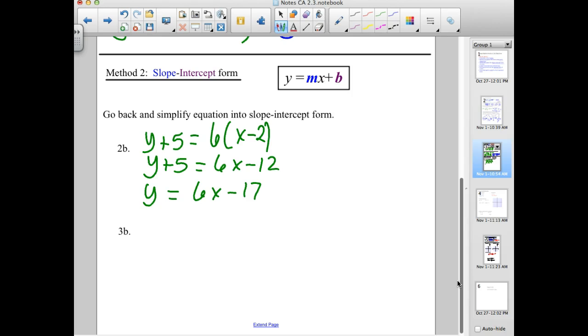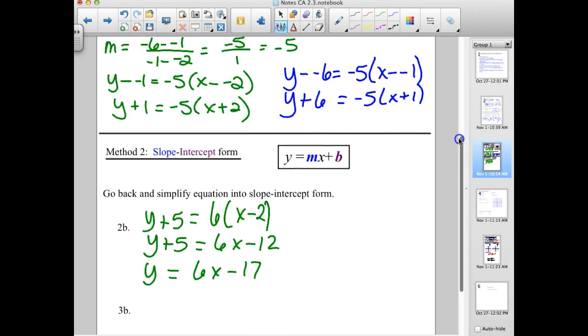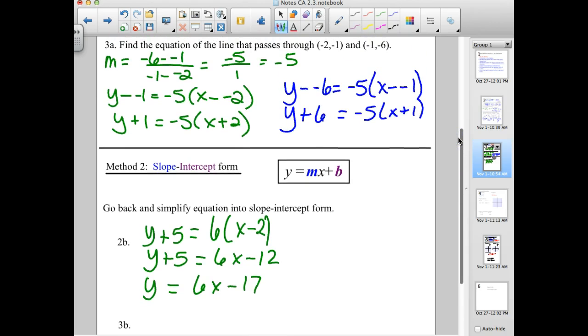Yes? Okay. So how many of you had the one I have in green here for example 3? How many of you wrote this version? Okay, did anybody write the blue version? Okay, take whichever one you wrote and simplify it down into slope-intercept form. We should all get the same answer out.